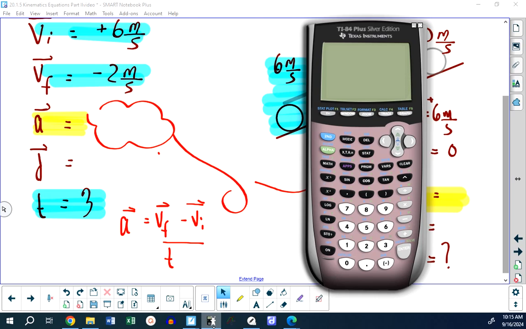Are you fine with that? If you want to write down the numbers on paper, go ahead, but they're right there. The formula is already rearranged for what we want. So I'm simply going to take Vf, which is negative 2, minus Vi, which is positive 6. It's going to give us negative 8. Divided by 3 seconds, the acceleration is negative 2.6 repeating meters per second squared.